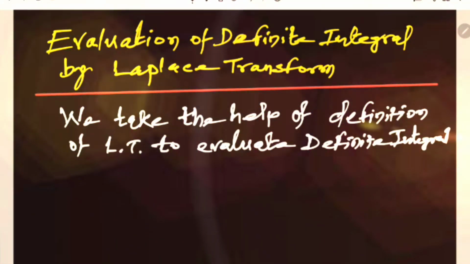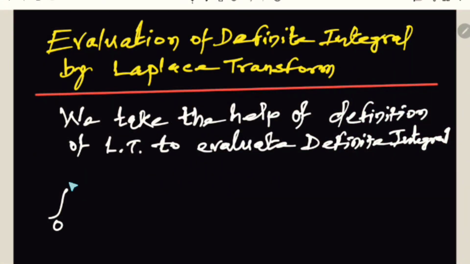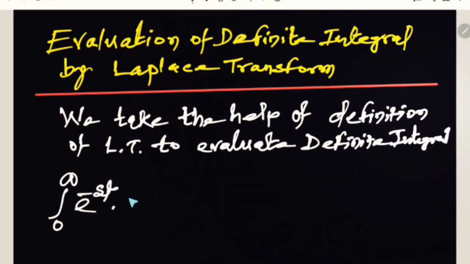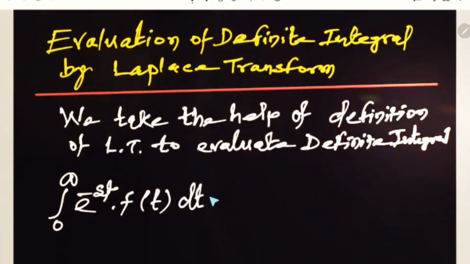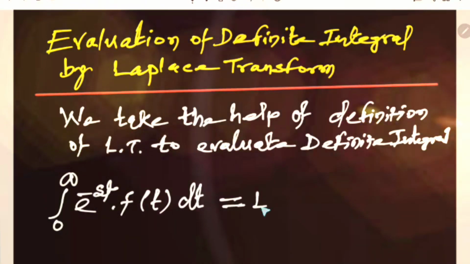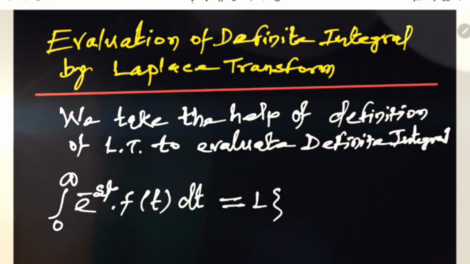Once again I will repeat that definition. Integration from 0 to infinity of e raised to minus st multiplied by some function of t with respect to t is nothing but the Laplace of the function f of t.